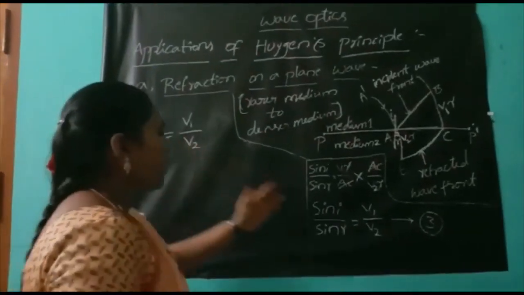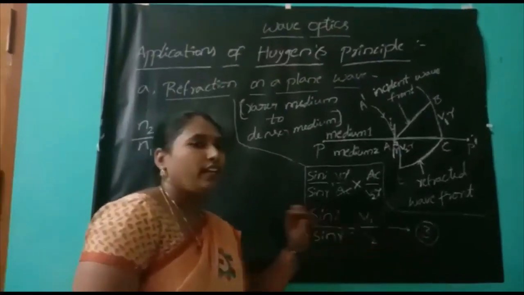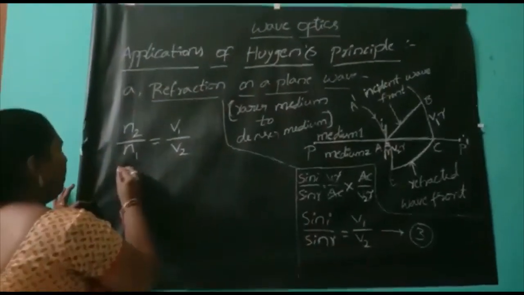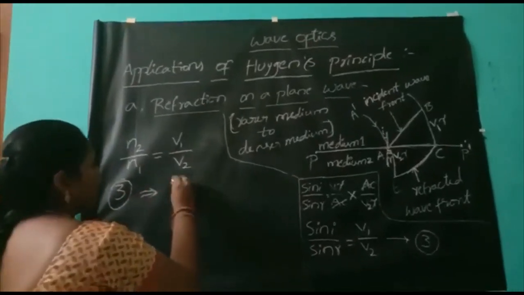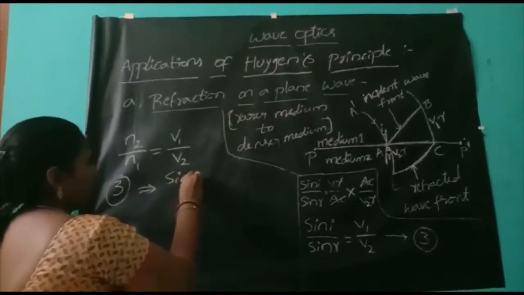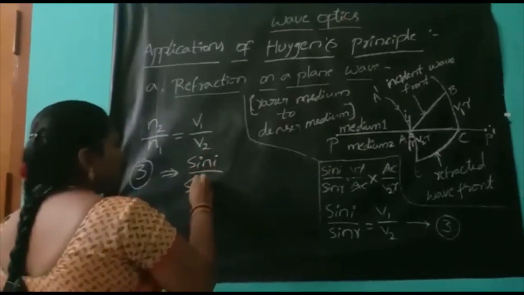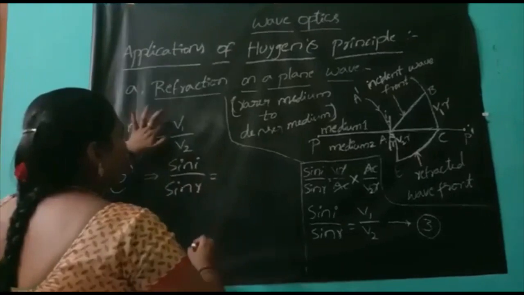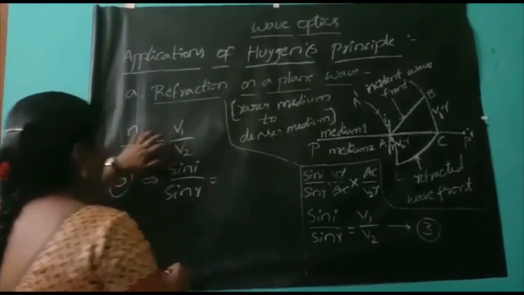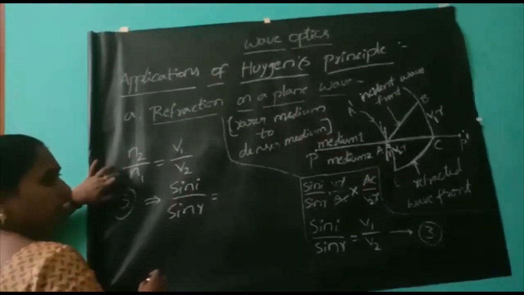Now substitute this value in equation number 3. This implies sin I by sin R is equal to V1 by V2, and this term is equal to N2 by N1.